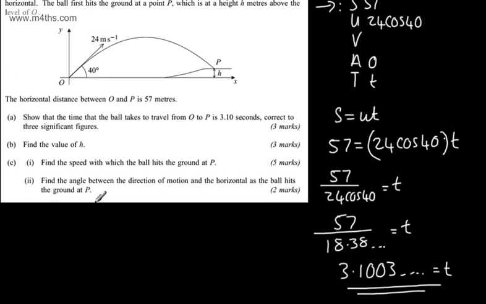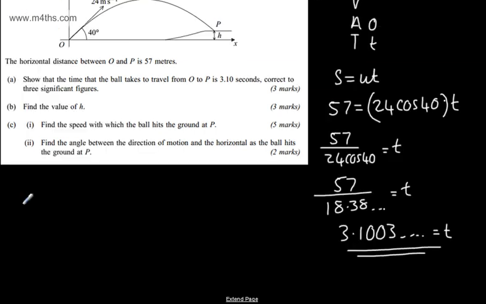Okay, we now need to find the value of h. So in part B we're considering the vertical motion. If we think about the vertical motion, we're looking at this displacement from 0. So we've got s, u, v, a and t. S is equal to this height, which is going to be h.